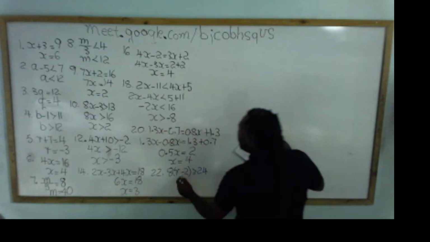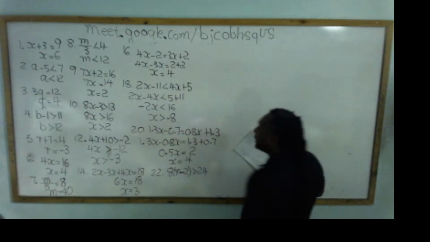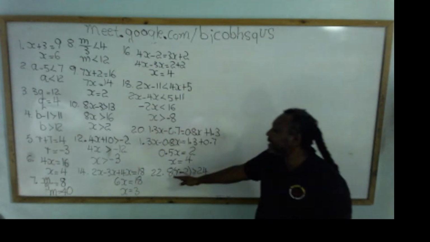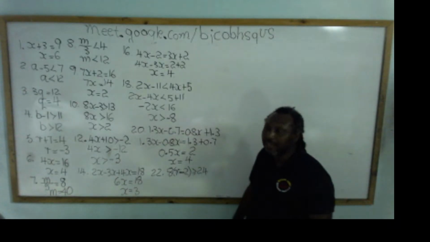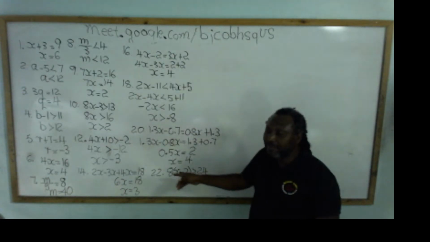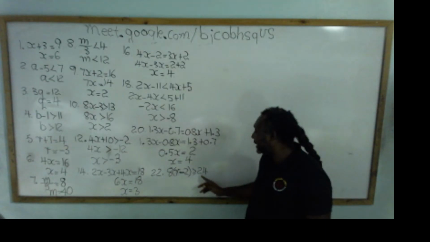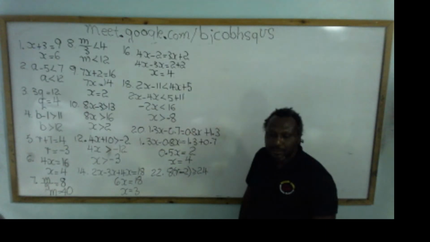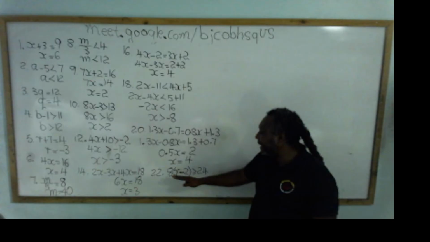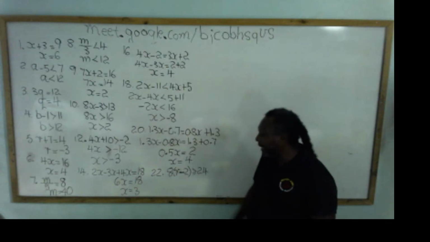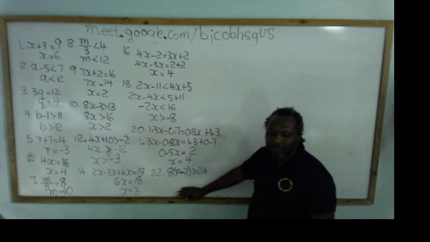R minus 2. Students, it is well and good to expand these brackets and show that you can do that. But I hope that you see immediately that 8 can go into 24. And because of that, you might divide the entire equation by 8. And that is why I put it all the way down here. Because I know that the solution is short enough to be here.